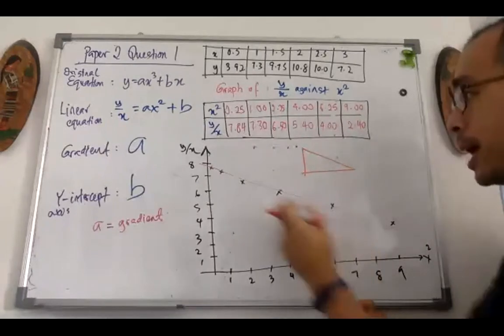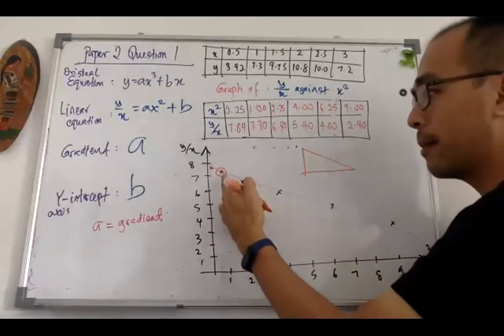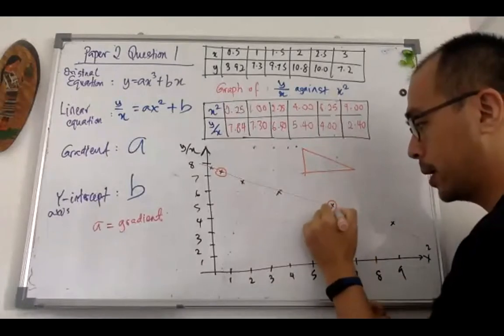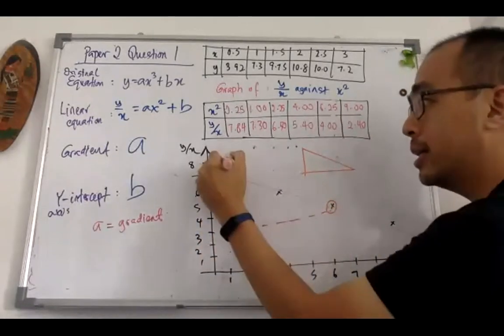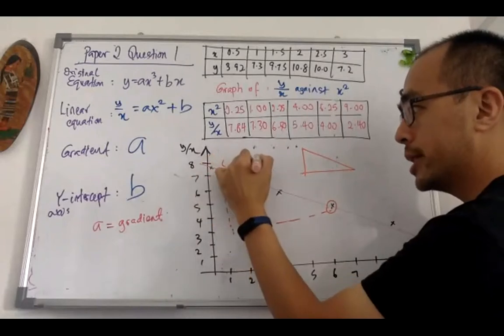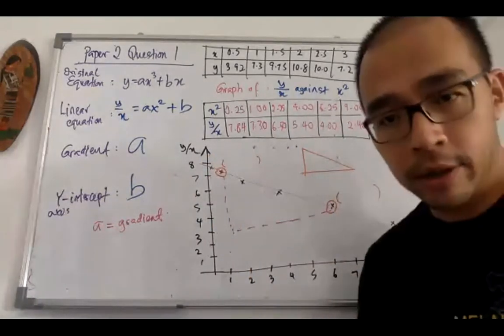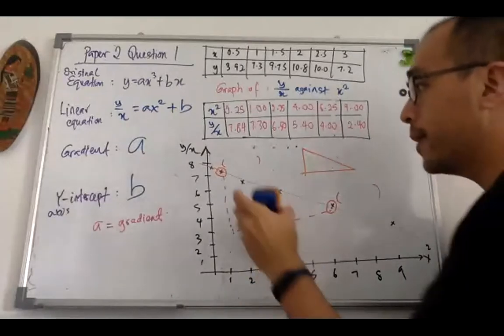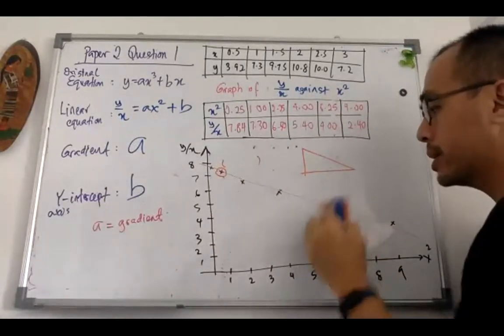So let's say, for example, I'm going to choose this point for my graph. This is my ugly graph. So I'm going to choose this point and this point, and then I'm going to draw the triangle. When I draw the triangle, I'm going to state the coordinates. Somebody is asking, what if I don't choose a plotted point?